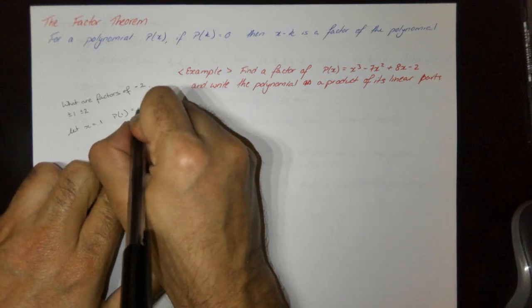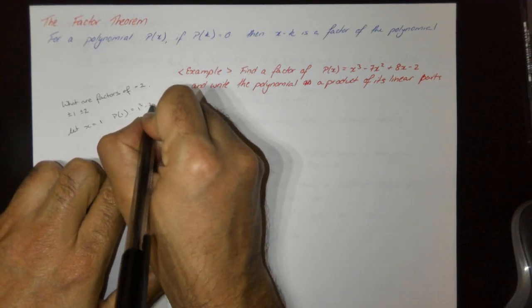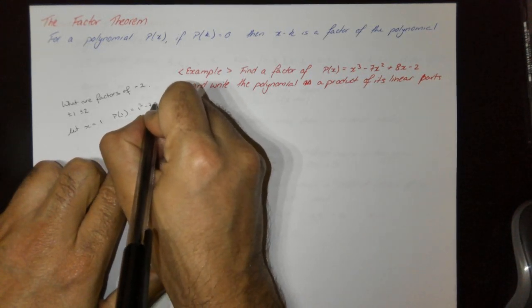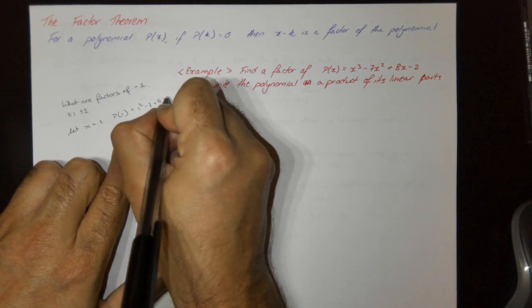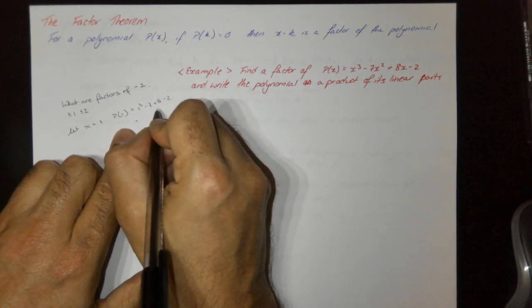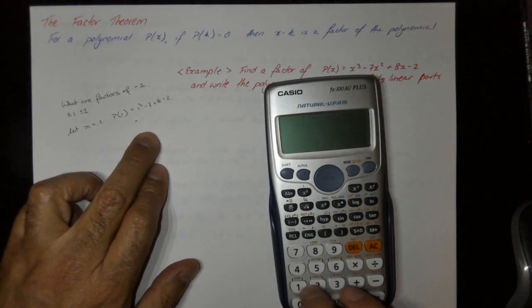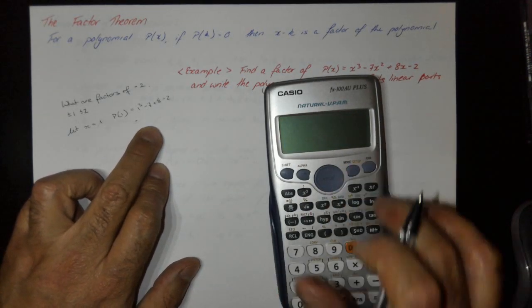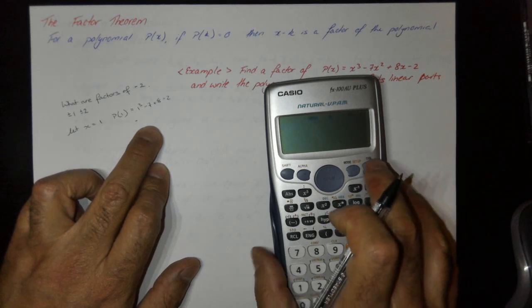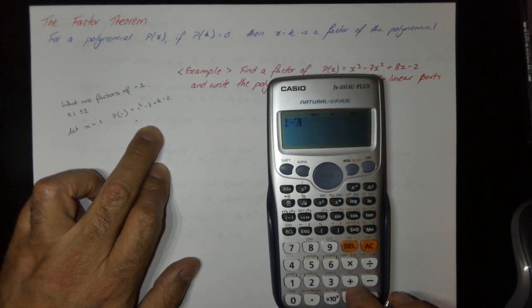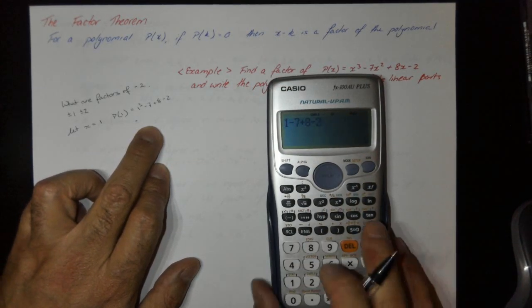We've got 1 cubed minus 7 plus 8 minus 2, which is 1 minus 7 plus 8 minus 2. We get 0.